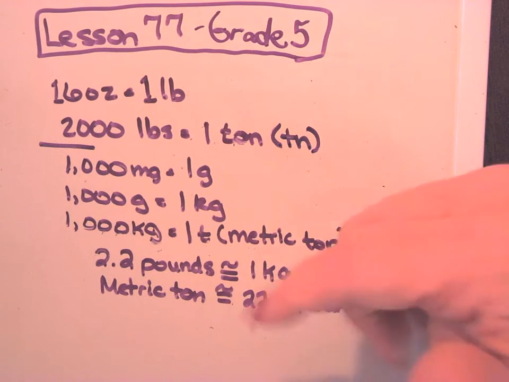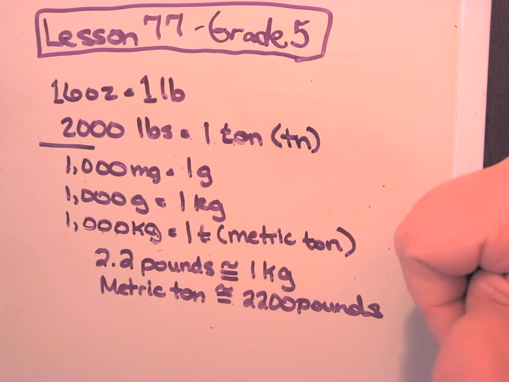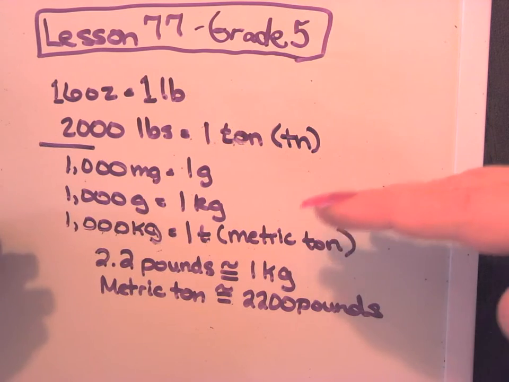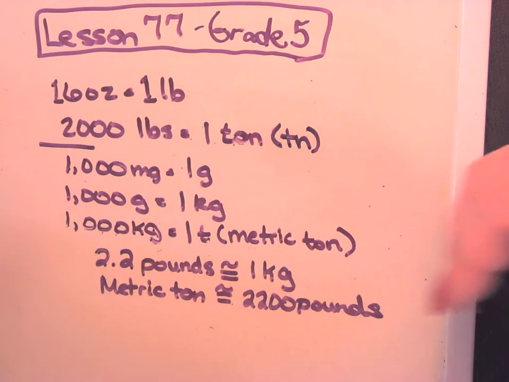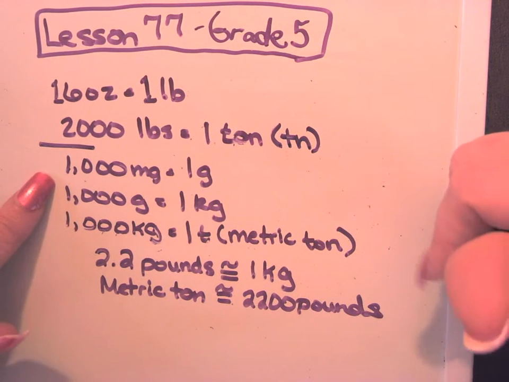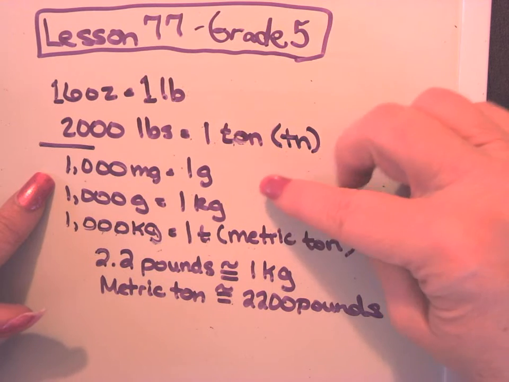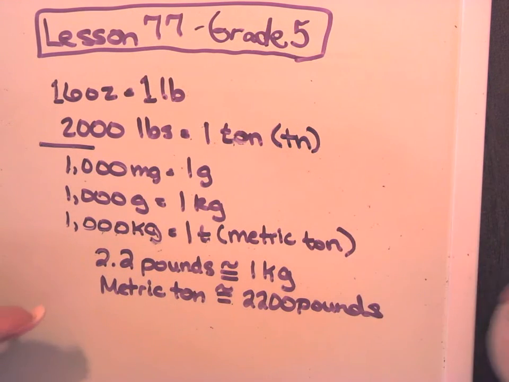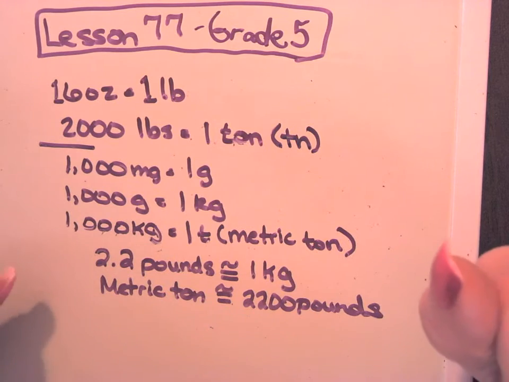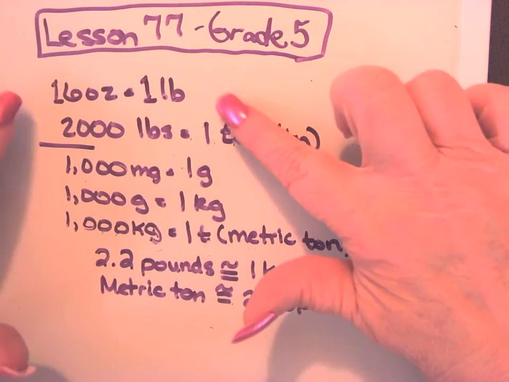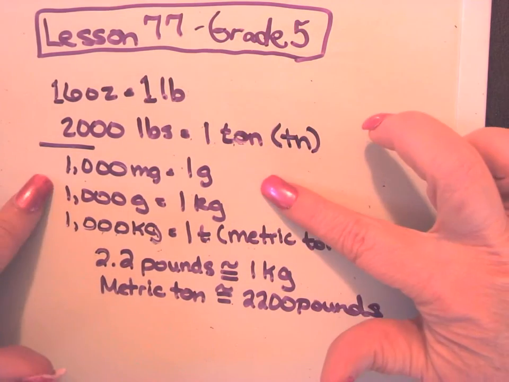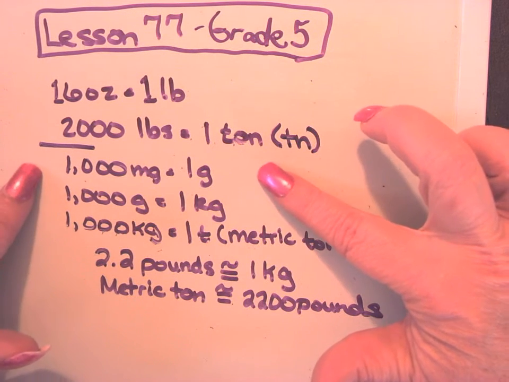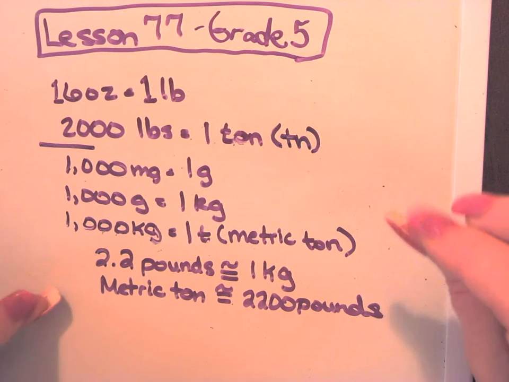Now, we also use these metric system units as we look at medicine, as we look at science. We use more of the metric system because it's universal. The United States, and there's only like 1 other country, still uses these units of measurement. Europe, Russia, China all use these metric systems.